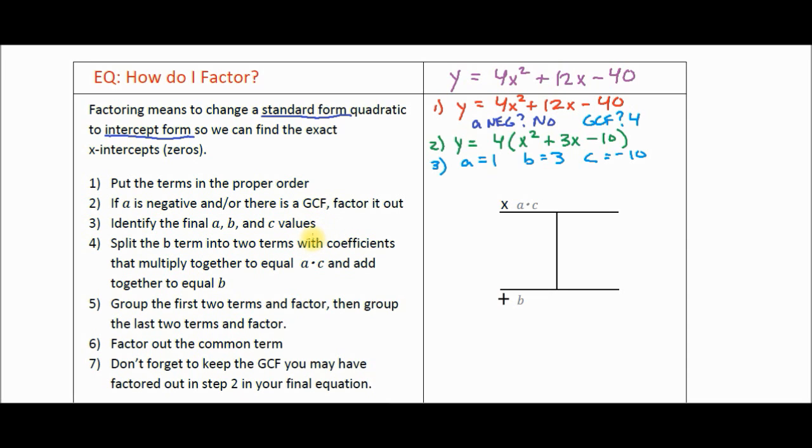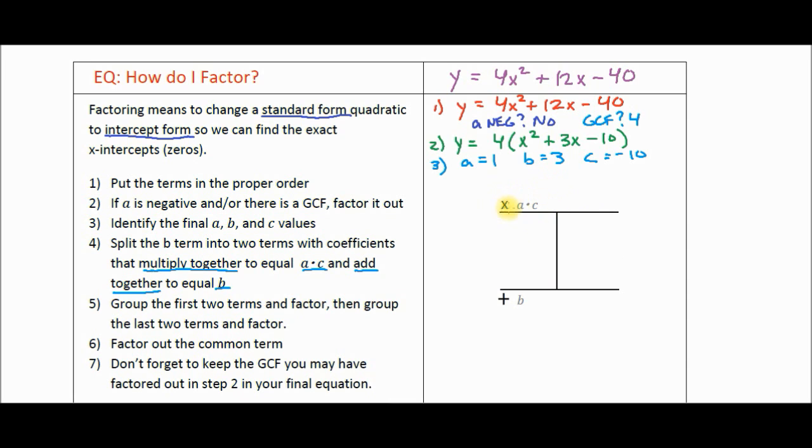Now, step 4 is a complicated one. Split the B term into 2 terms with coefficients that multiply together to equal A times C and add together to equal B. Now there's a nice way to organize this. You draw what looks like a big I and you put A times C on the top of this.